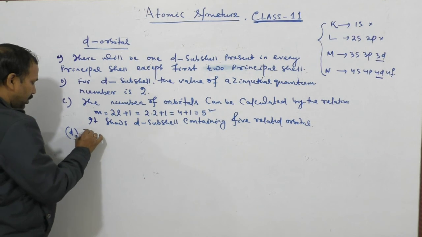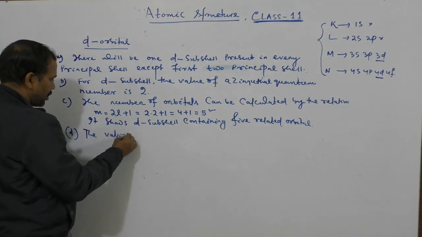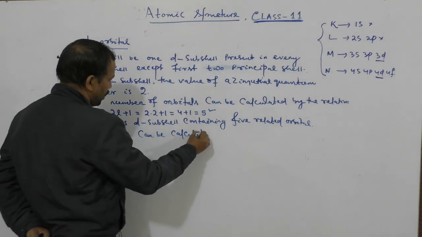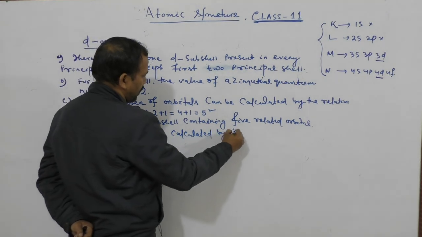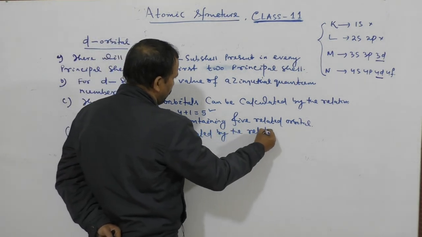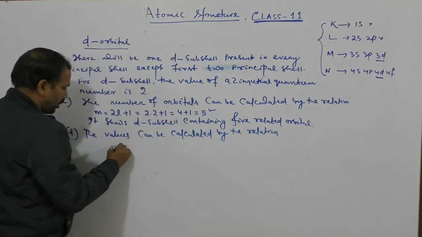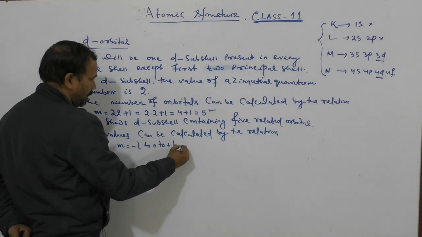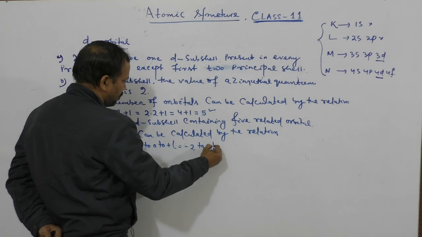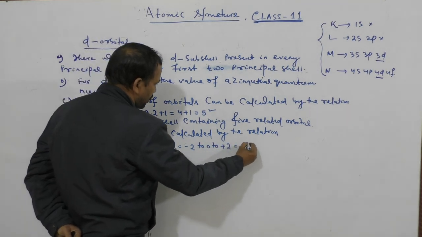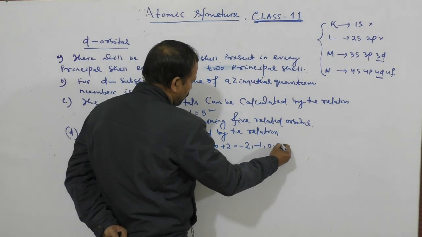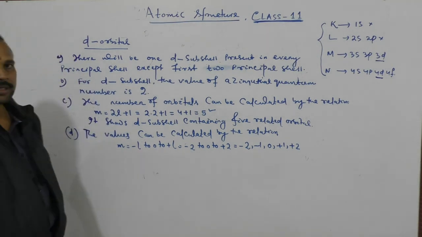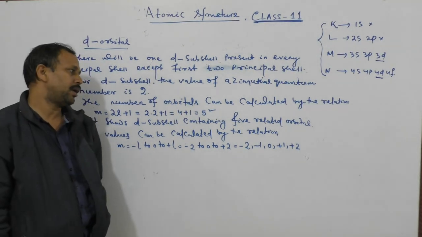The values can be calculated by the relation m equal to minus l to 0 to plus l, equal to minus 2 to 0 to plus 2, equal to minus 2, minus 1, 0, plus 1, plus 2. Now those 5 values show the d subshell containing 5 related orbitals.